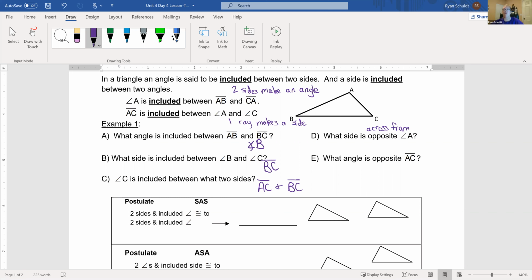It just means across from it. If you draw an arrow across from that piece, what's at the end of your arrow? So we want opposite of angle A. Well, if I draw an arrow out from angle A, what do I run into? What side? BC.